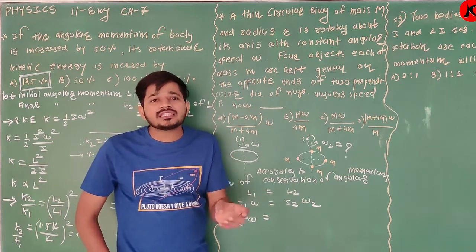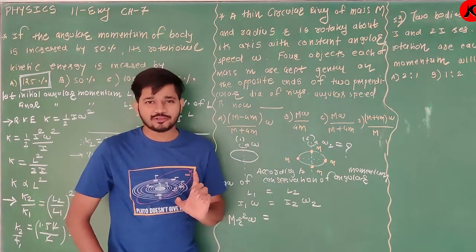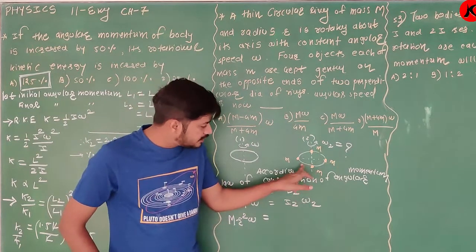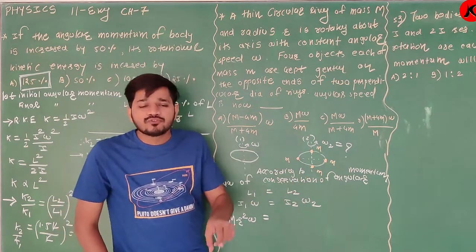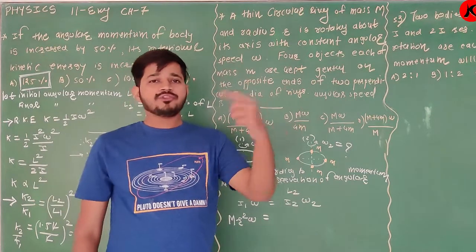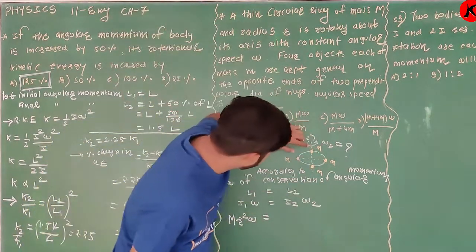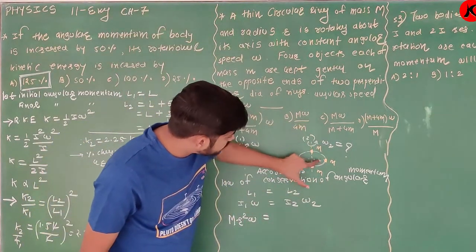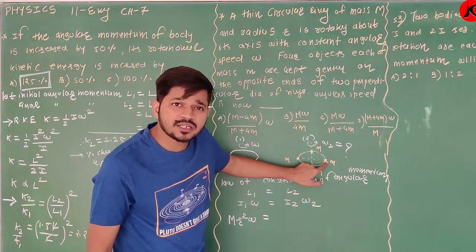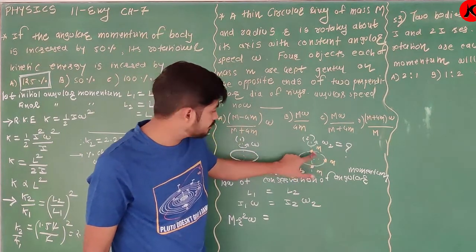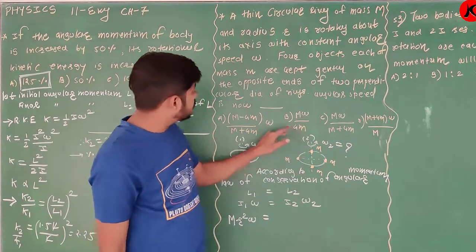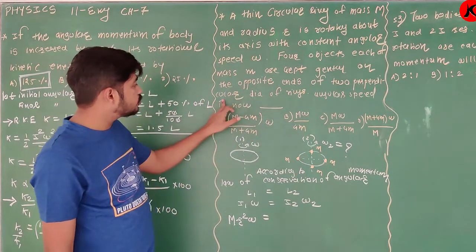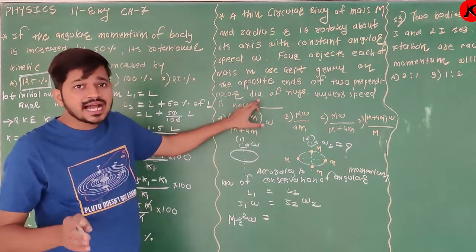4 point-like objects are also rotating. And what is the distance? The distance of each particle from the axis is radius r, because they are on opposite ends of perpendicular diameters.